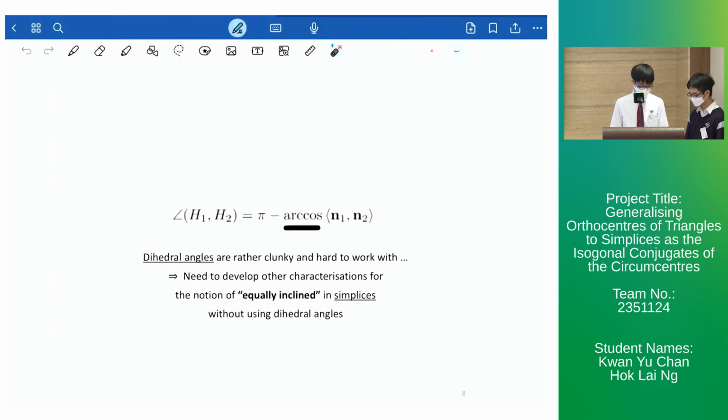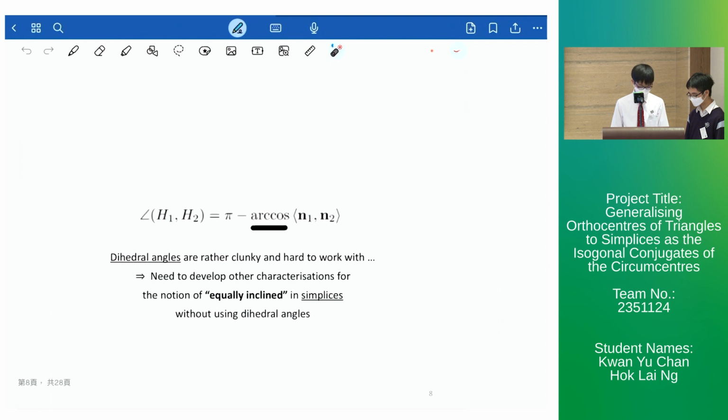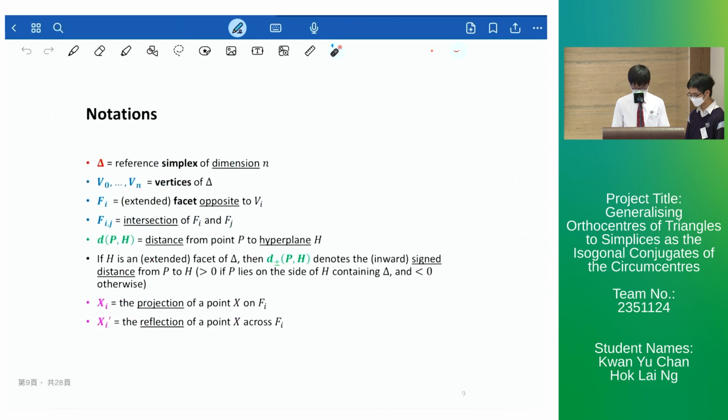Before we discuss our main results, we will explain the notations that will be used throughout. In our work, delta denotes our n-dimensional reference simplex. V0 to Vn denotes the vertices of delta. Fi denotes the extended facet opposite to Vi, and Fij denotes the intersection of Fi and Fj.